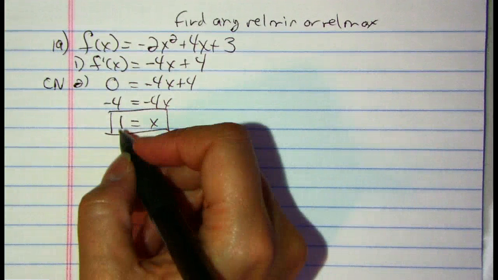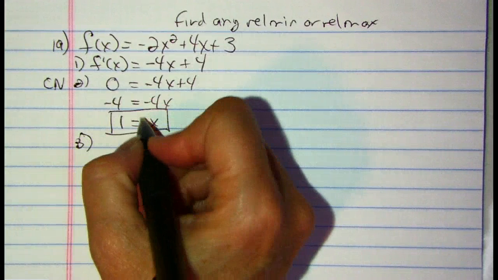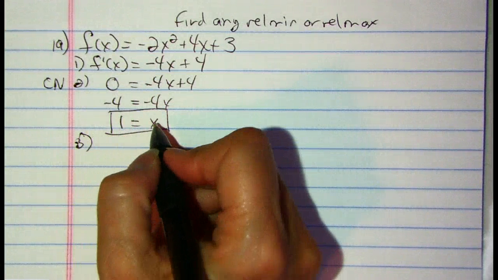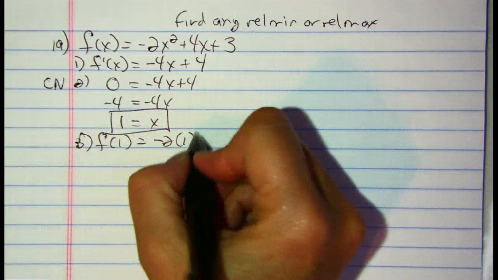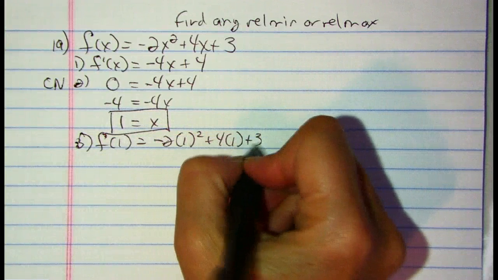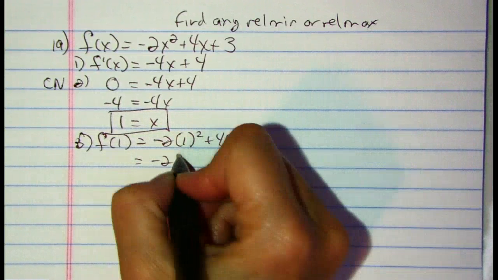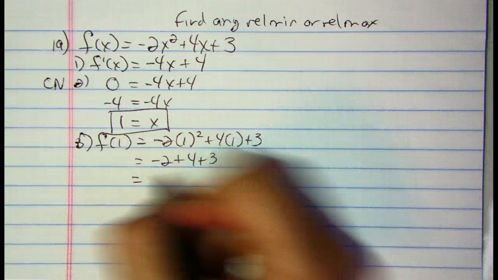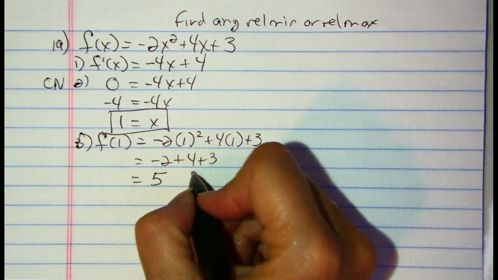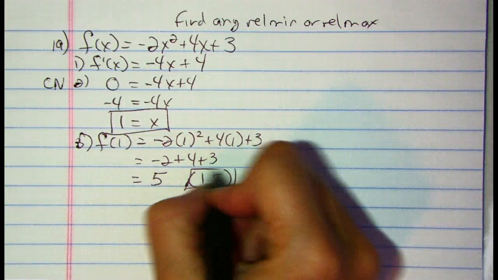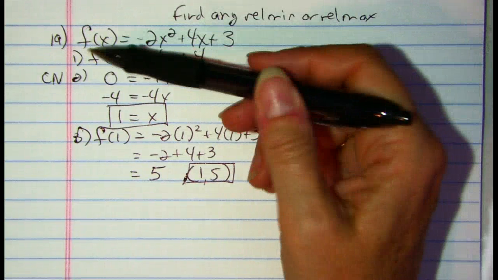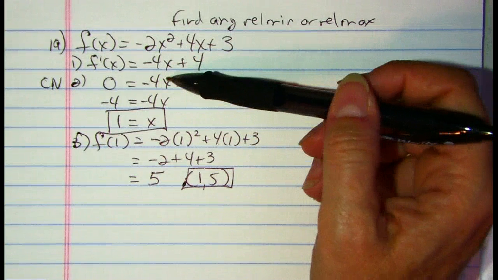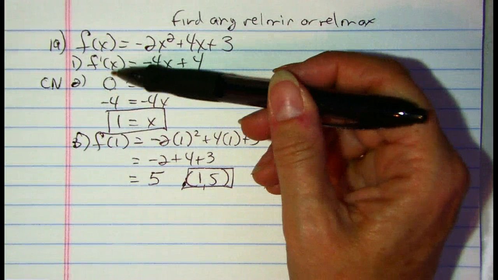And I had stated in step 3 to go ahead and take this and put it back into the original function to find that ordered pair. So I get the ordered pair (1, 5). That could be a relative min or a relative max. Again, there is no other x value that will have a slope of 0 for the tangent line.